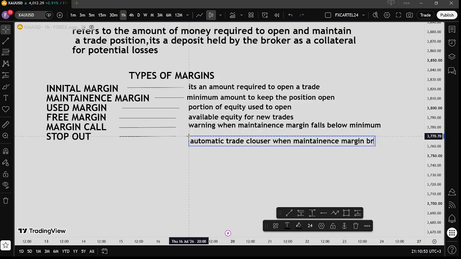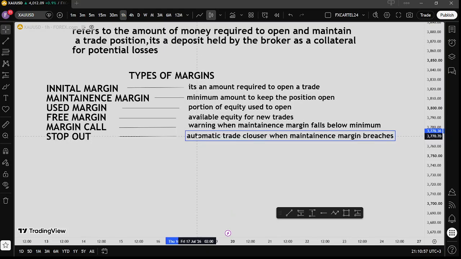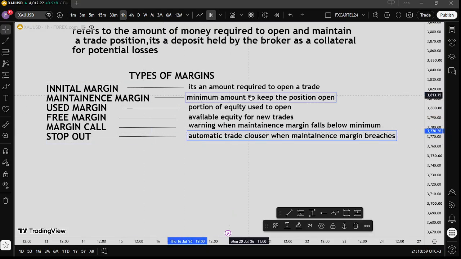So we were on maintenance margin, the minimum amount to keep the position open. Then used margin, the portion of equity used to open a trade, or to open a position.